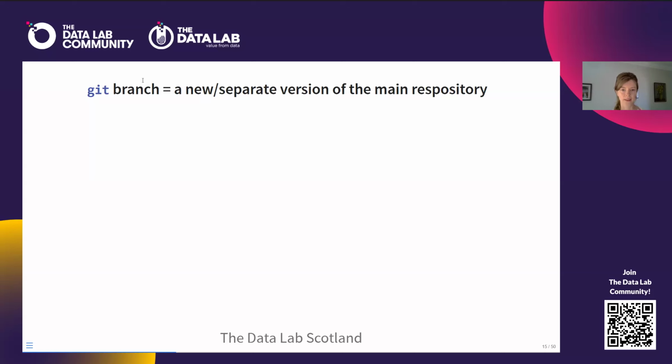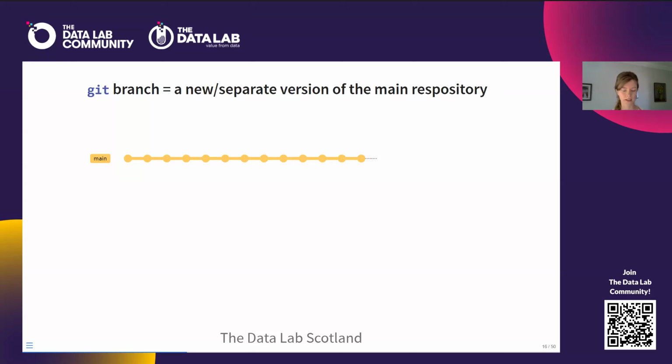When you're working on Git, you typically have your main branch, which is a series of commits over time, but you want your main branch to be clean and working code.